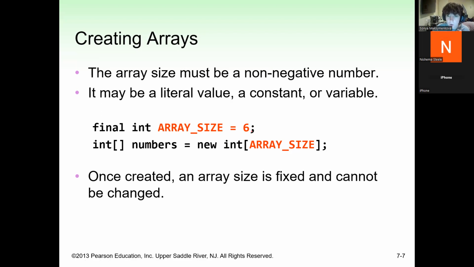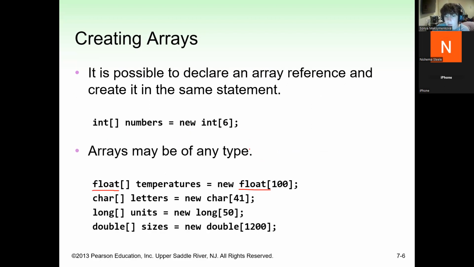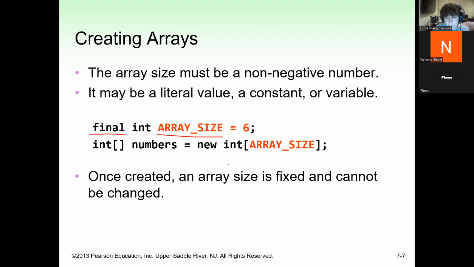You can also either just use a number, or you can use a constant, or you can use a variable. So that's also an option. In this case, we are using a constant called array size. And how do I know that it's a constant? First of all, because it's all caps, and second of all, because we have the word final right here. So this is a constant equal to 6, and this is just another way to type out this statement right here and have 6 elements assigned to your array.